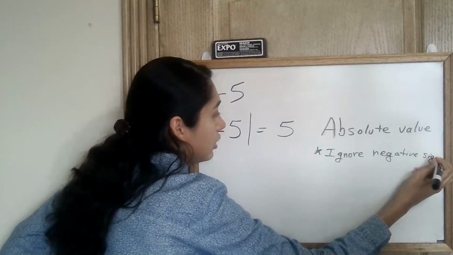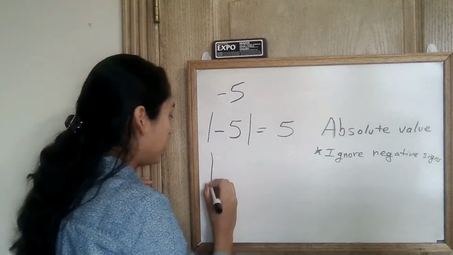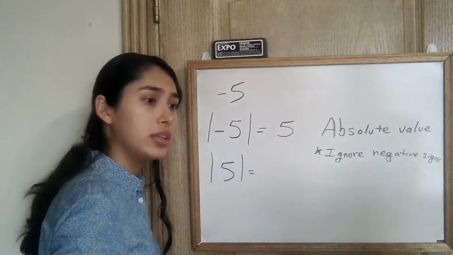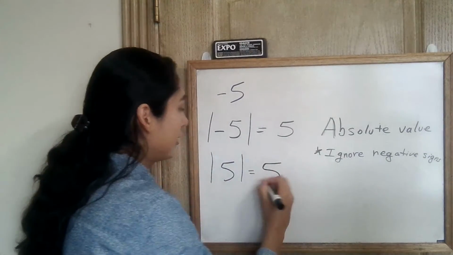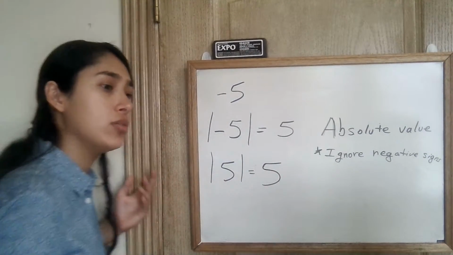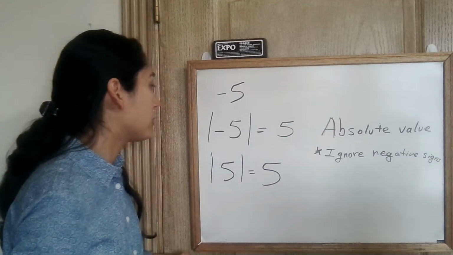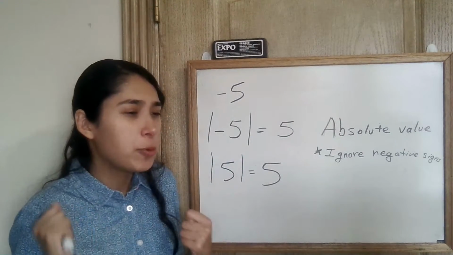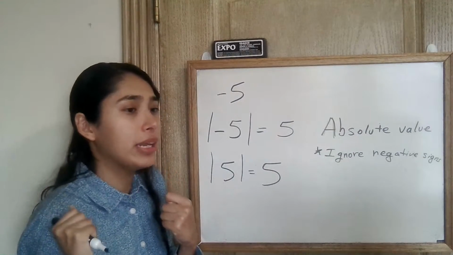Okay. So let's say I did the absolute value with a positive number. Cool. Doesn't mean anything. Since it's already positive, it doesn't change. With negatives, we turn them to positives. It's kind of like forcing negative people to be happy.